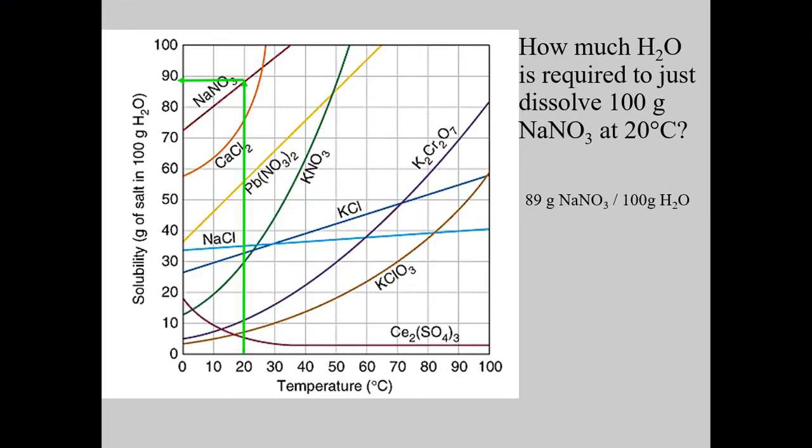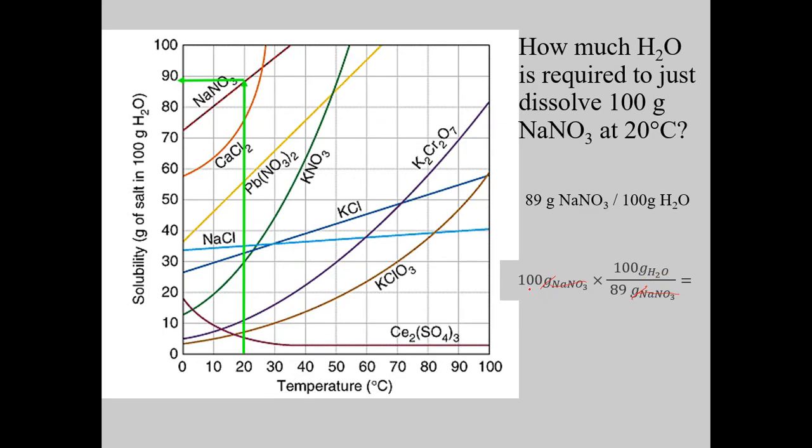So we'll start with the 100 grams of the sodium nitrate. And then we're going to take this conversion factor we just made, and we're going to decide to use it such that our grams of sodium nitrate is going to cancel. When these cancel out, I'm left with grams of water, which is what they're asking for.